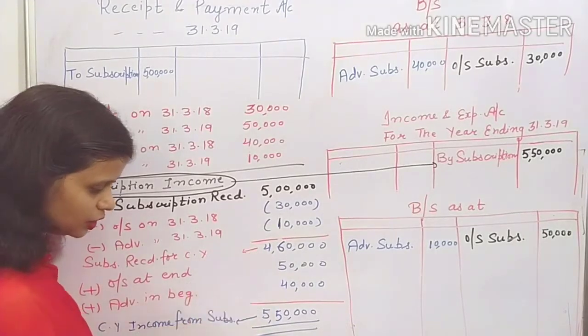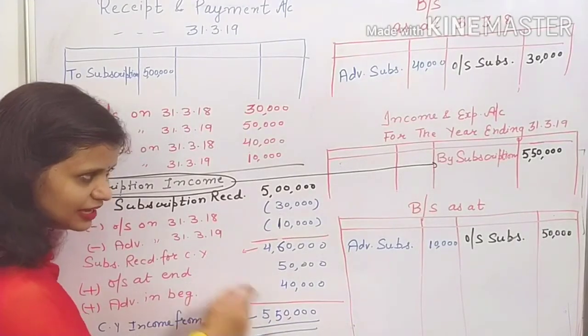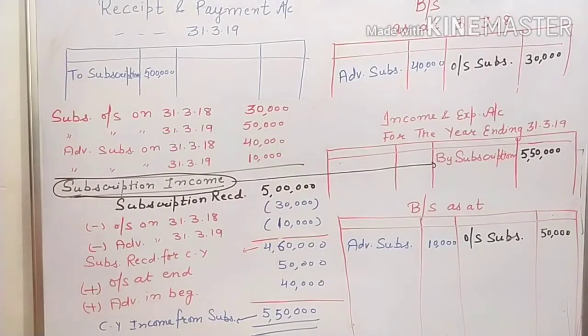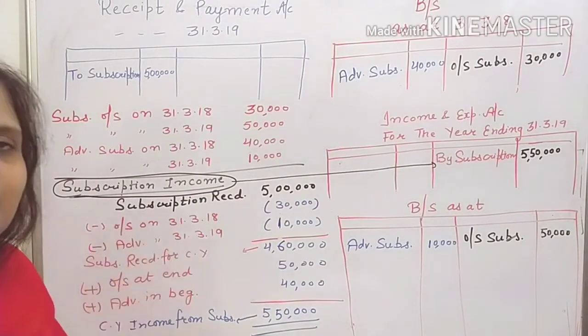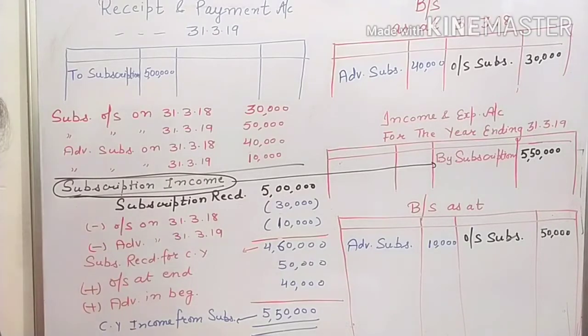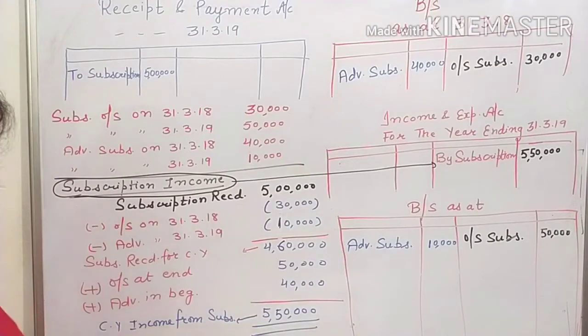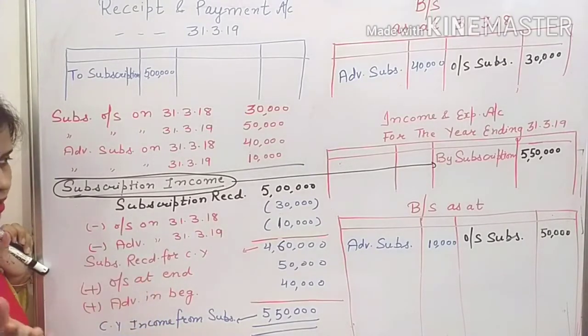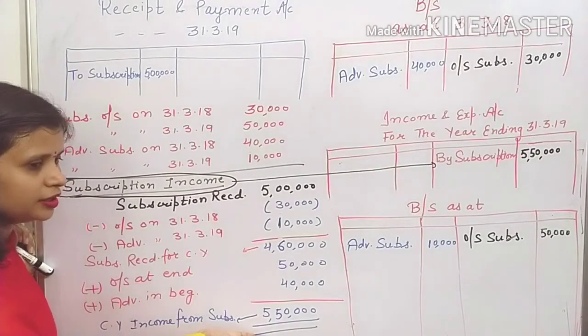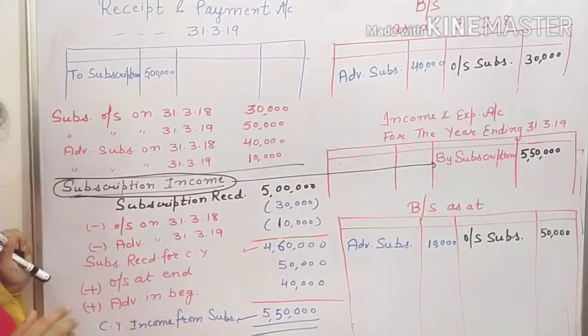So your total subscription income will be 5,50,000. I am repeating: you have to calculate the subscription income for the current year, whether it is received, whether it will be received in the next year, or whether it was received during the previous year. If it belongs to the current year, that will be shown as subscription income.